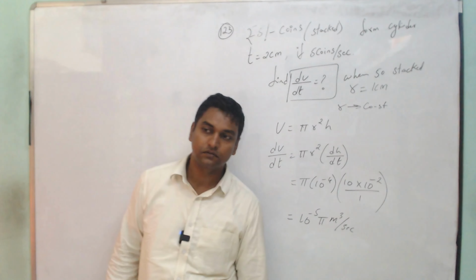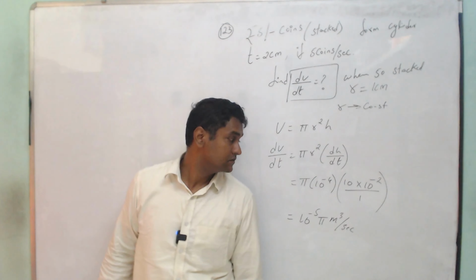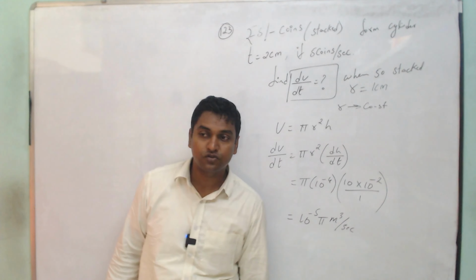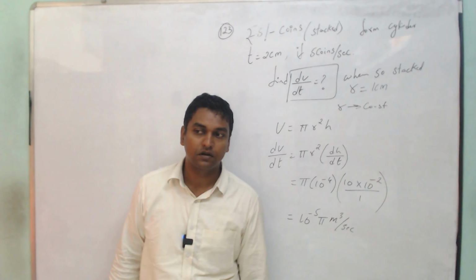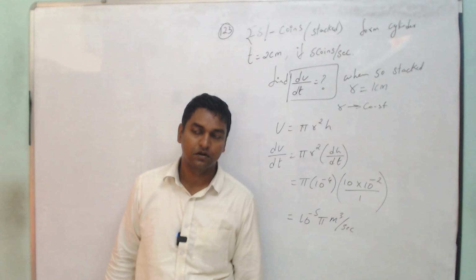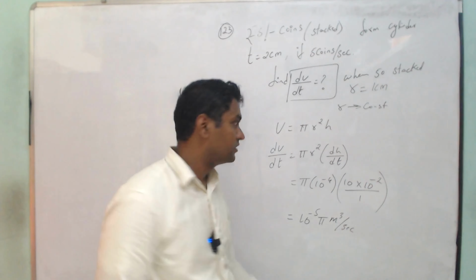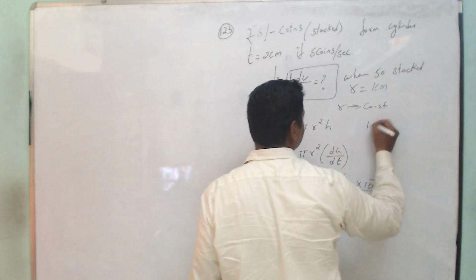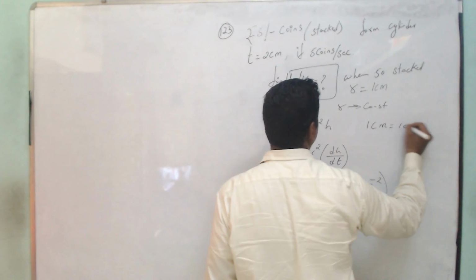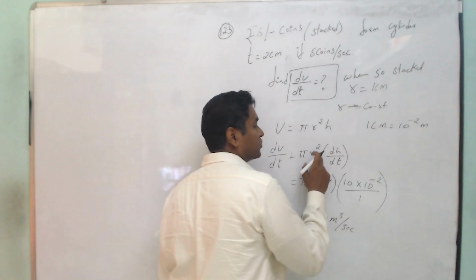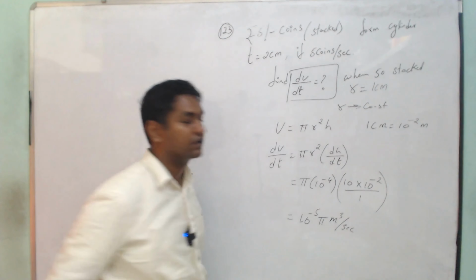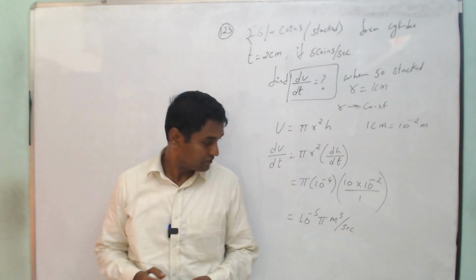The radius is 1 centimeter. One centimeter is 10 to the power minus 2 meters, and you have the square of it, so 10 to the power minus 4. Finding the answer in meter cube per second.